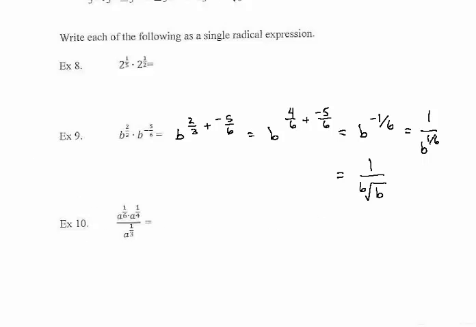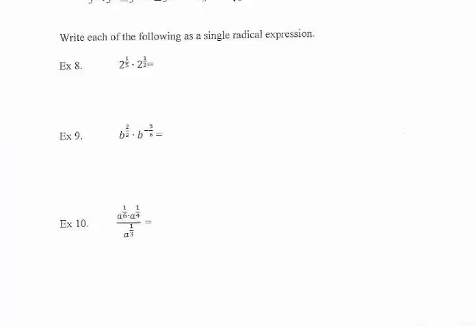Example 10. We have 1, 2, 3 a's. Now, the top two can be added together because they're multiplied. And now this one on the bottom, we can move it to the top so that we can combine it with the other a.